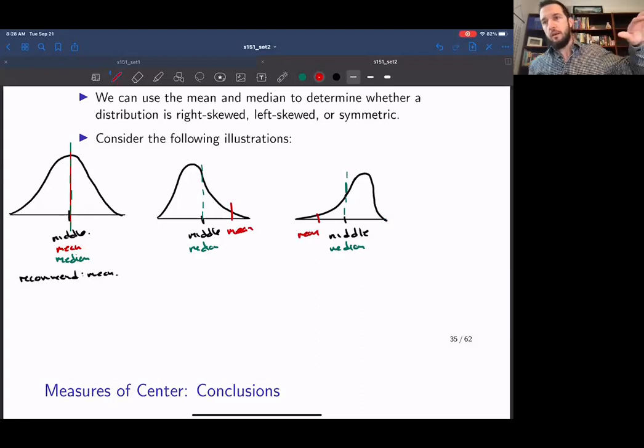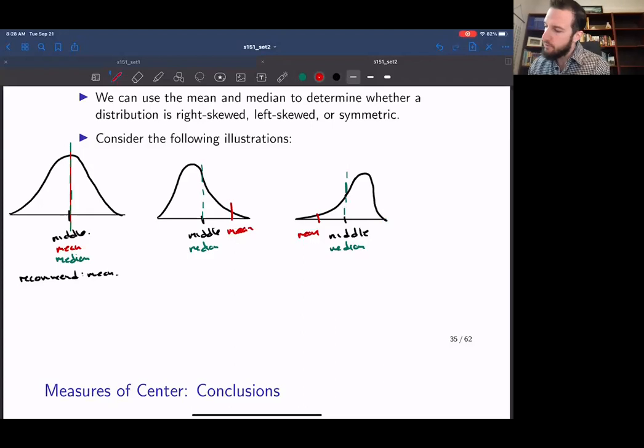Because the mean is calculated by adding all the values together, it gets pulled with the skewness. So when you have a right skewed object, the mean ends up being bigger than the median, so it's to the right of the median. And when you have a left skewed object, the mean ends up being less than the median, so it's to the left of the median.